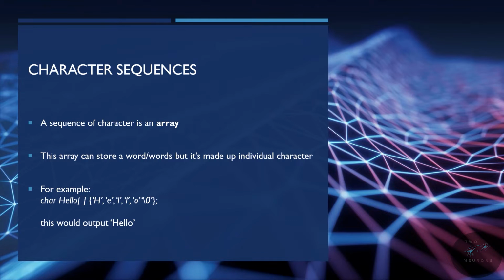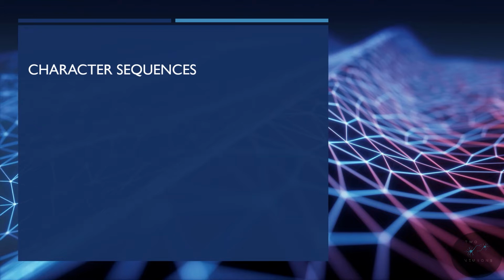So if we had a character array named hello and called that array up with that initialization, it would output the word hello. And when working with character sequences, there are some things you should be aware of. One we've already seen is that you need a null terminator. In addition, working with these arrays can be problematic.